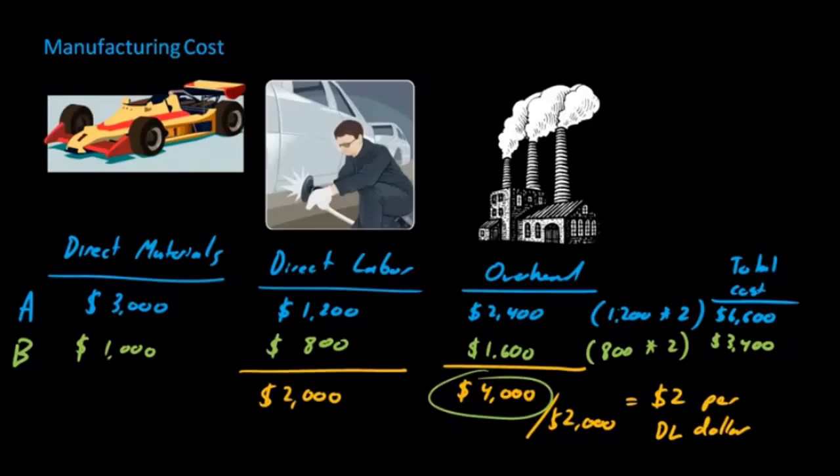But one thing I want you guys to be sure about is that I hope you understand that this is what we need to consider more than just a total production cost or just a total manufacturing cost when we are deciding how much we should sell car A or car type B for.